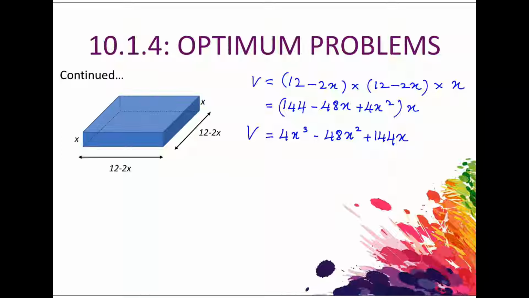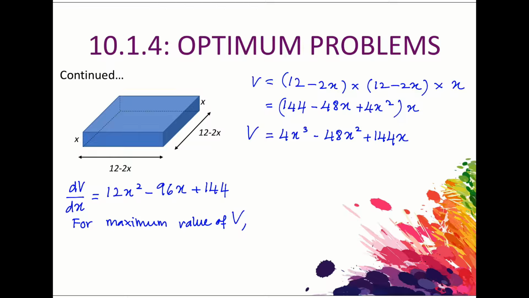So since we want to maximize V with respect to x, we need to find the first derivative of V with respect to x, which is dV/dx. So dV/dx is equal to 12x squared minus 96x plus 144.